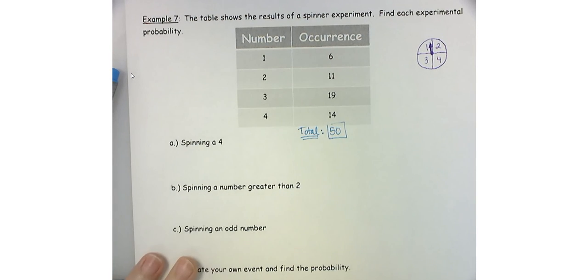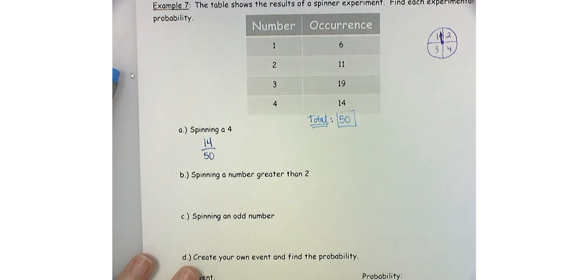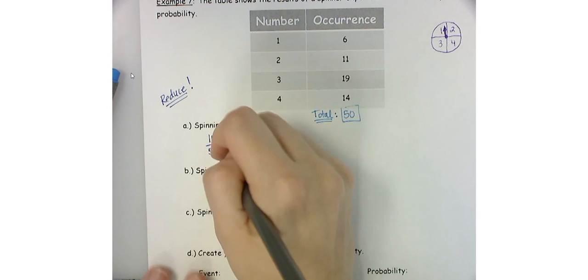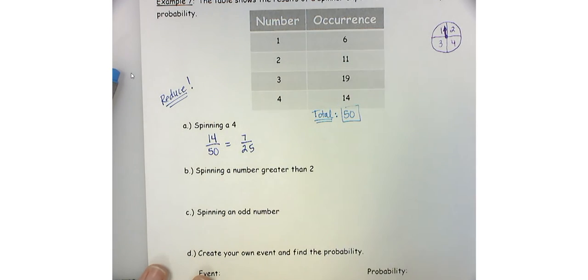There you go. All right, for spinning a number greater than 2. If it says greater than 2, what would that include? 3 and 4. That would include spinning a 3 or spinning a 4. Spinning a 3 is 19, spinning a 4 is 14, so we're going to add those together, and then your total is going to be 50.